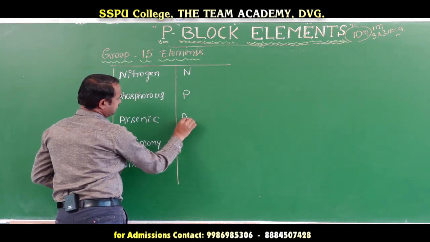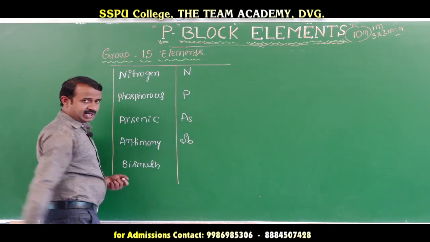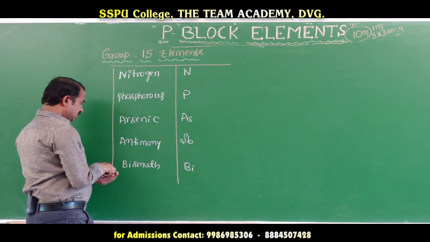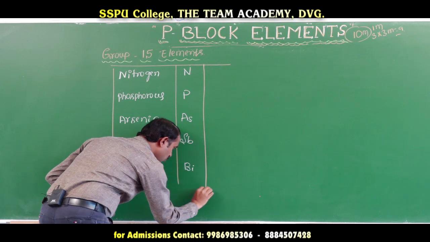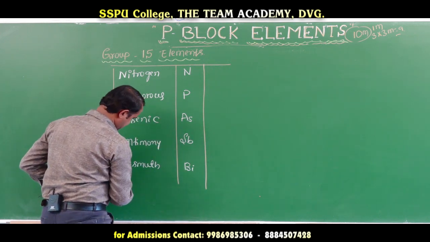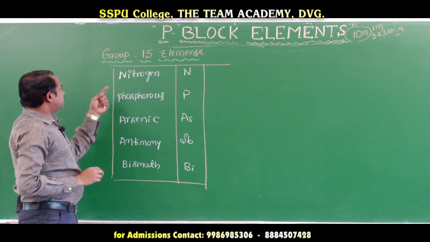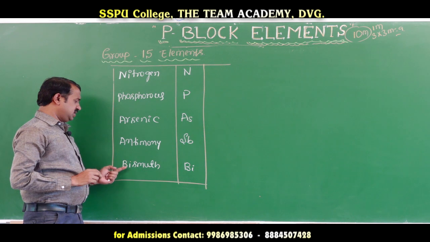Next is arsenic. Next is antimony. Next is bismuth. This is the symbol of group 15th elements: nitrogen, phosphorus, arsenic, antimony and bismuth.